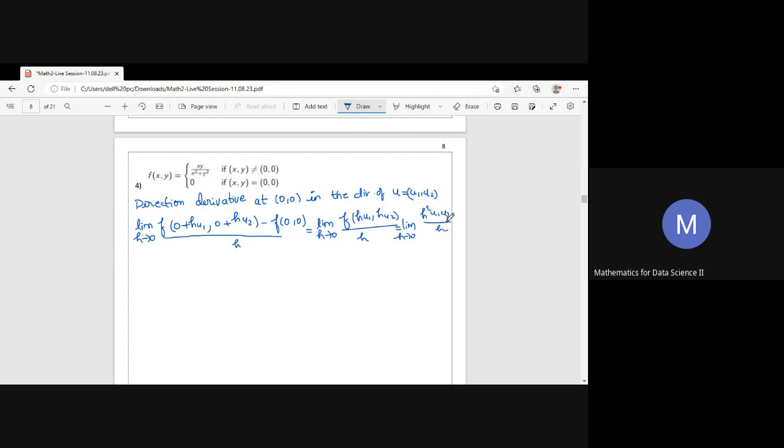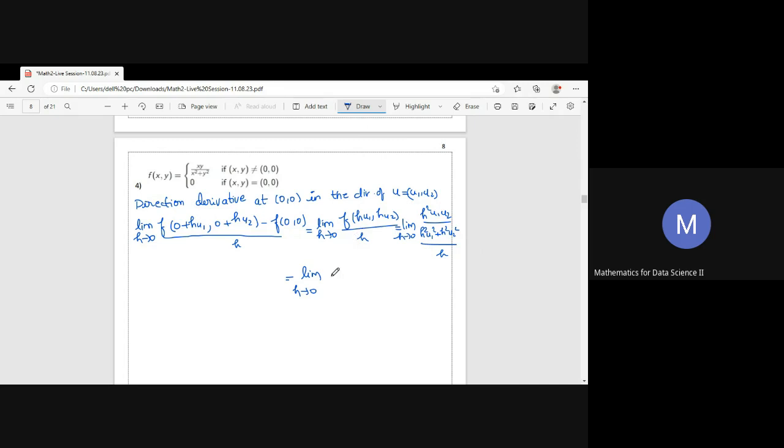Oh, I forgot the denominator: by h squared u1 squared plus h squared u2 squared, the whole divided by h. Now this you can again rewrite as the limit as h goes to 0.